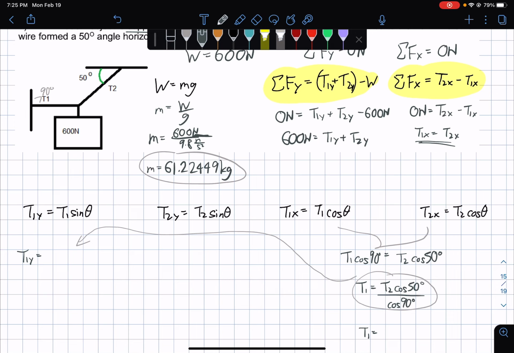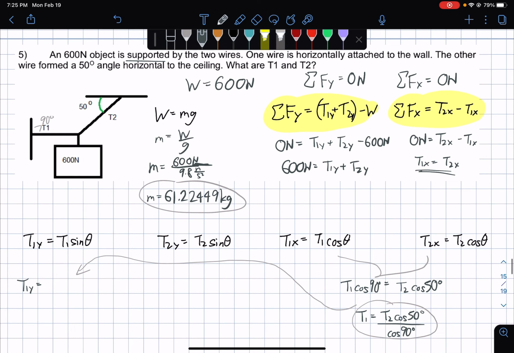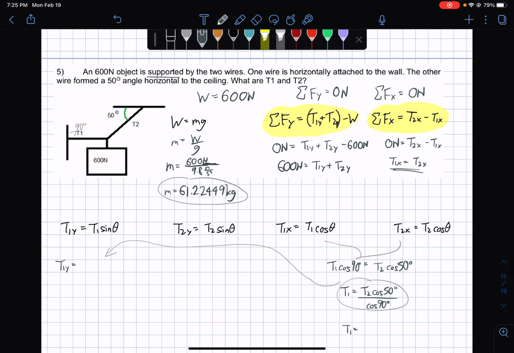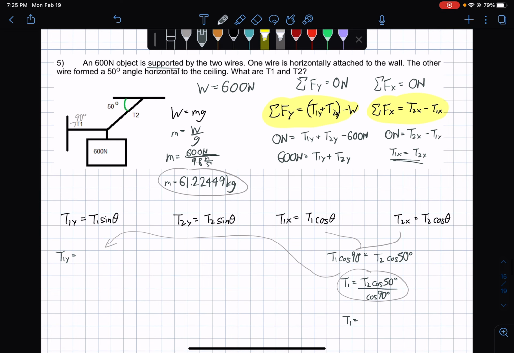I'm thinking of another solution that's a little more believable compared to the answer key of my teacher. T1y plus T2y. They're definitely not equal because of how the wires of the corresponding tensions are laid out, if that's even a word.